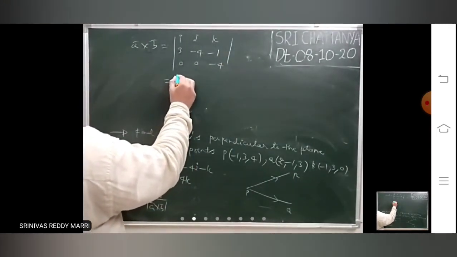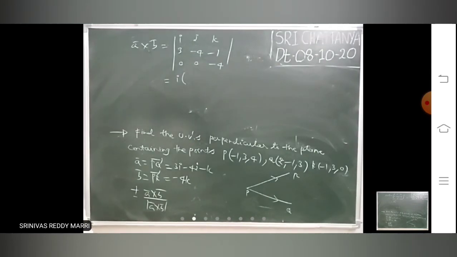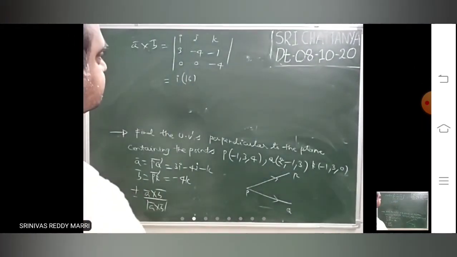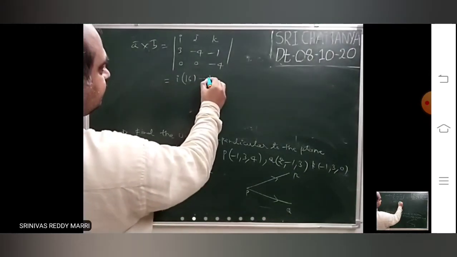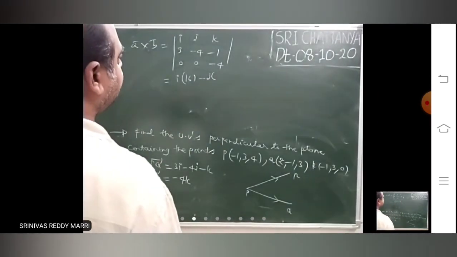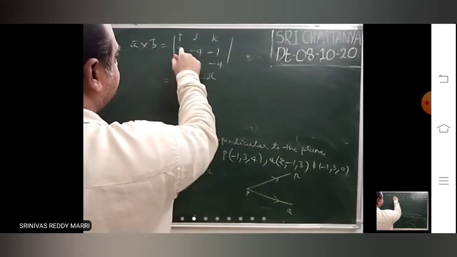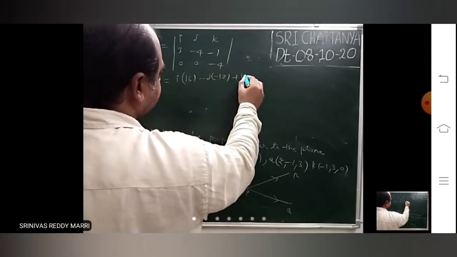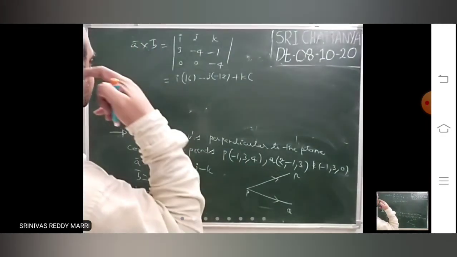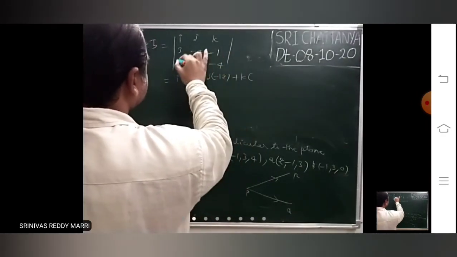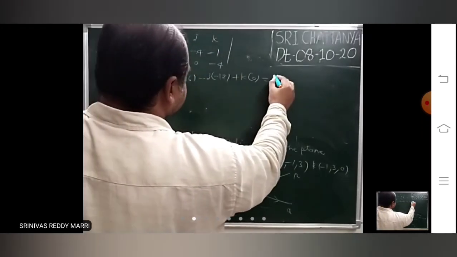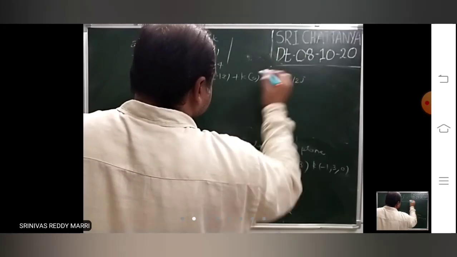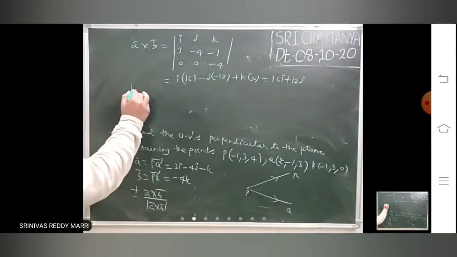Calculate this: i into 16, minus j into minus 12 minus 0, so plus 12j, and k into 0 minus 0, which is 0. That means you will get 16i plus 12j. So this is A bar cross B bar.